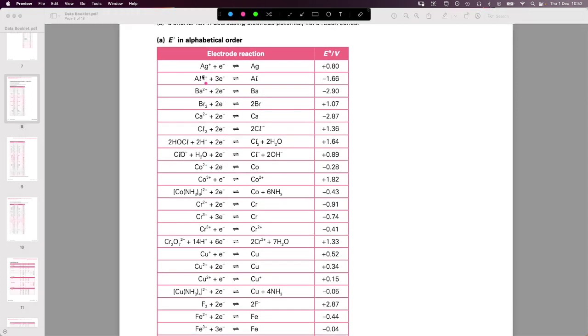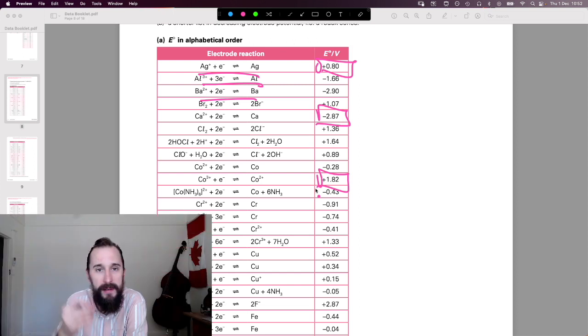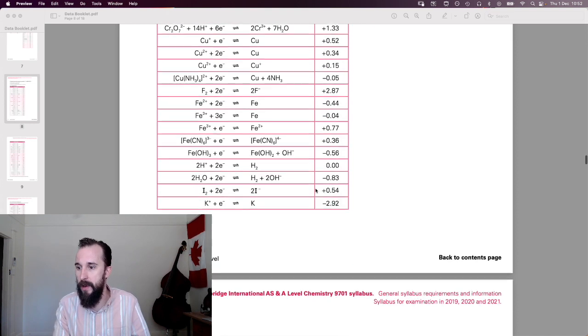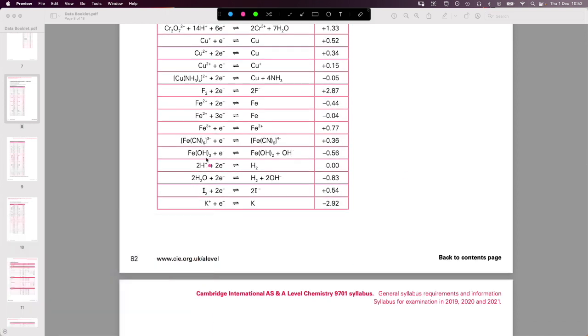And you can see that we've got a whole bunch of redox equilibria. We've got a whole bunch of different values differing in magnitude. Some are positive, some are negative, but that's all giving implication about its reactivity, essentially. Does it want to be reduced or does it want to be oxidized? And we've got Old Faithful in the middle here, which is our standard hydrogen electrode.